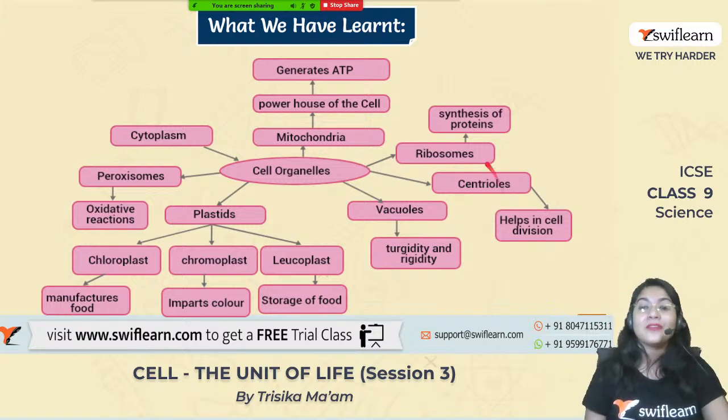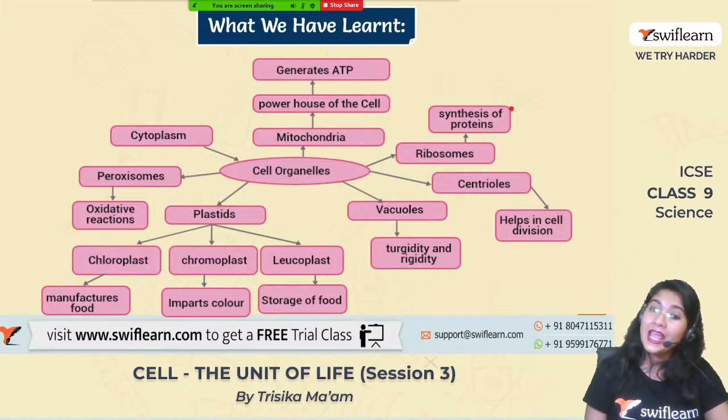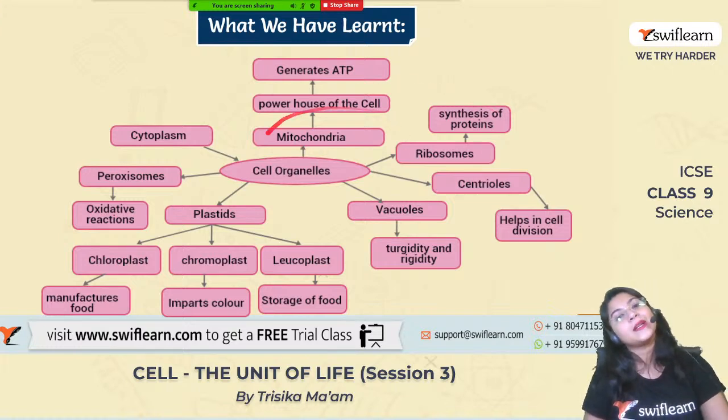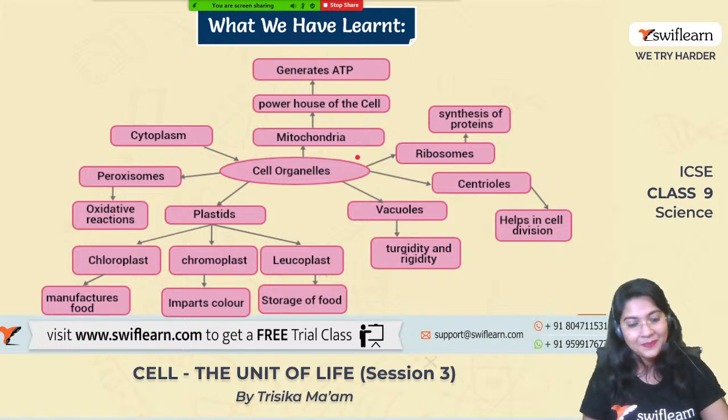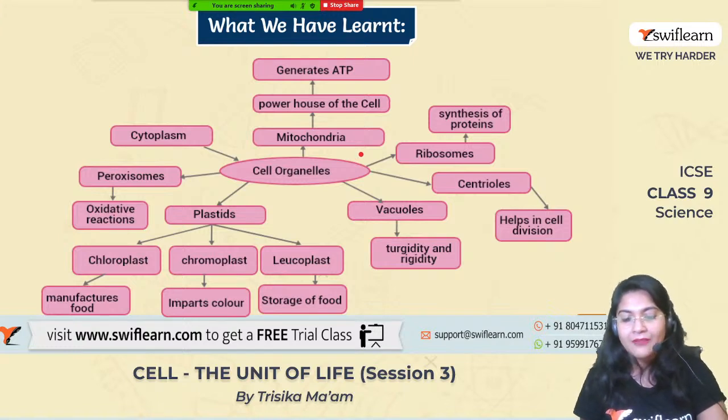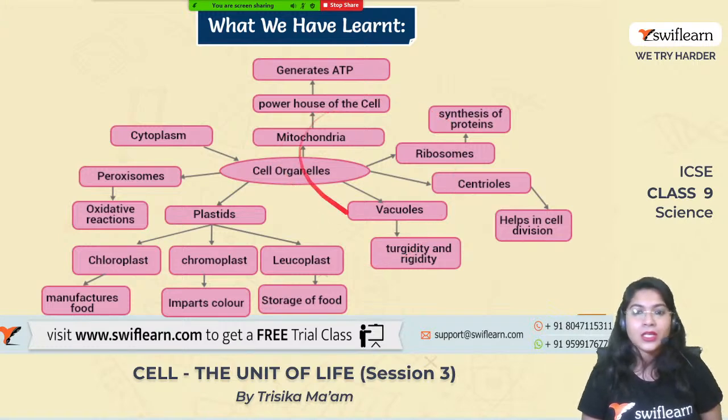Okay, then we have studied about the ribosome, whose main function is the synthesis of protein. And definitely we have also studied about the mitochondria, which is known as the powerhouse of the cell. This mitochondria helps in generating the energy. They form the energy in the form of ATP. I guess you all have got all the concepts regarding the different cellular organelles.